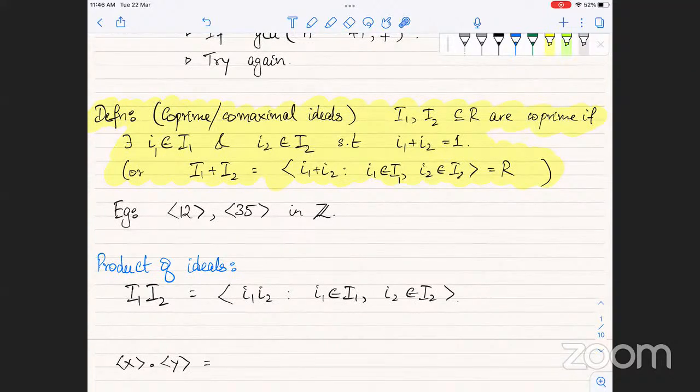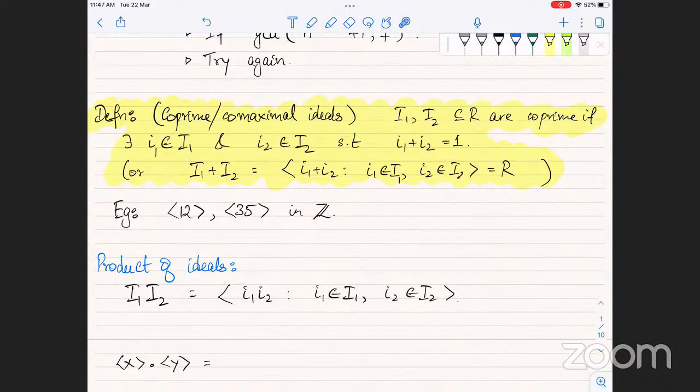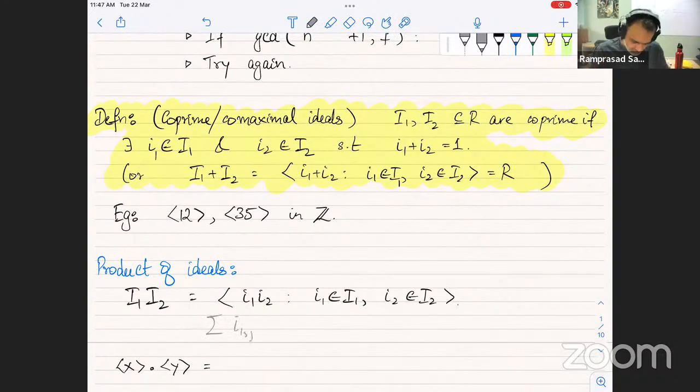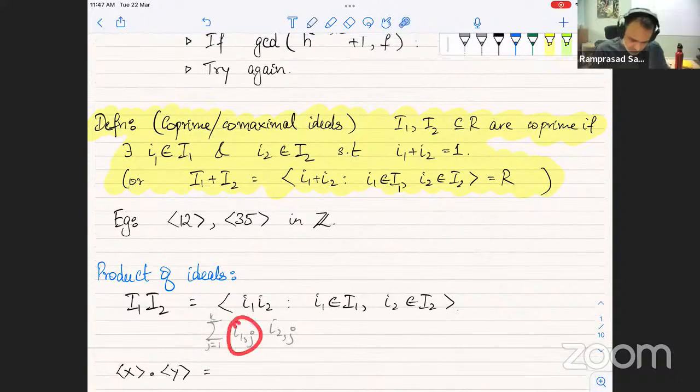I forgot, there is also another similar definition: the product is the set of all finite sums, the sum over j equals 1 to k of i1 times i2, where k is any integer, i1 belongs to the first ideal and i2 belongs to the second ideal.